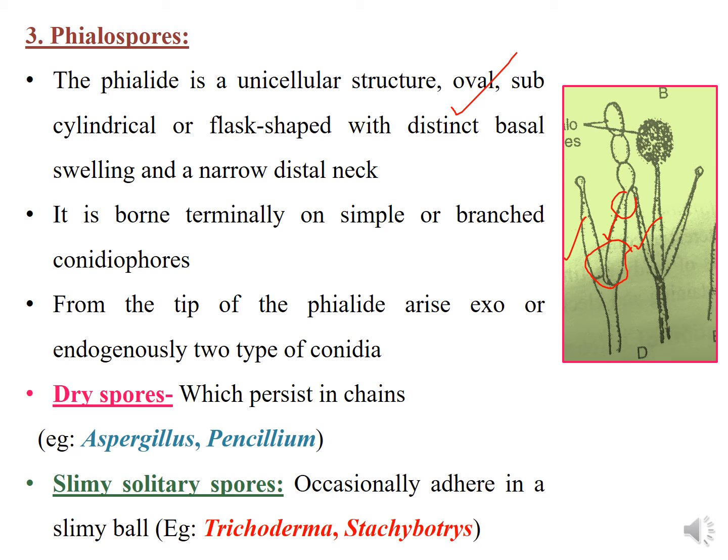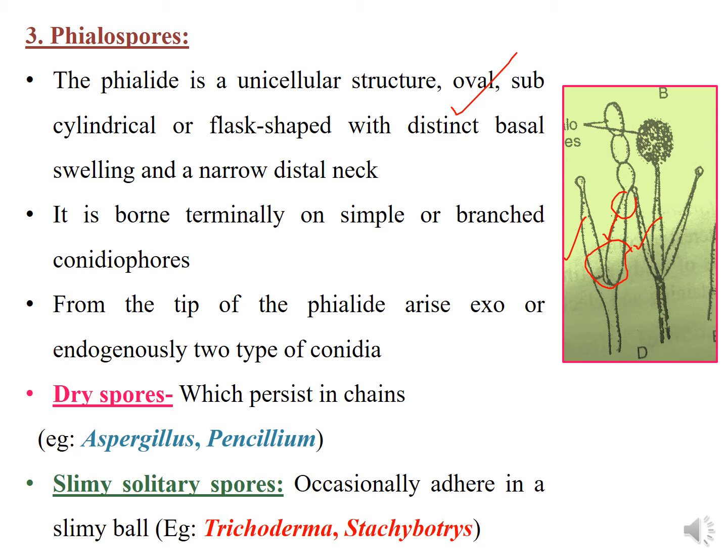branched conidiophores. The phialides may be produced on simple or branched conidiophores, and from the tip of these phialides, the conidia arise either exogenously or endogenously. Here we can see two types of spores, dry spores and slimy spores.